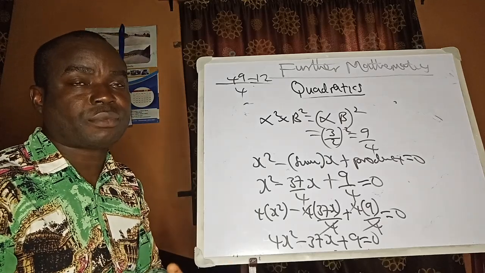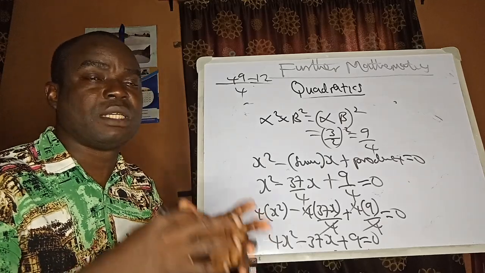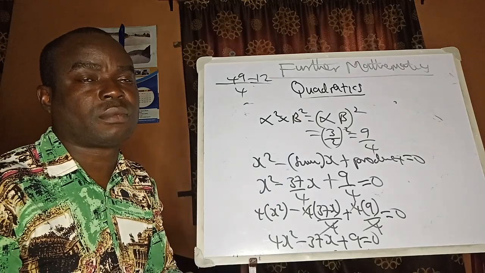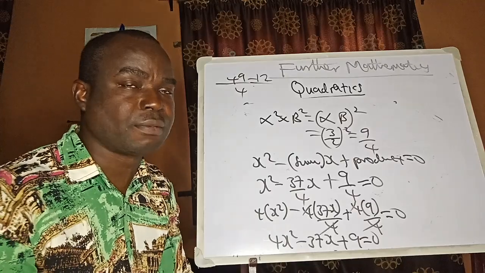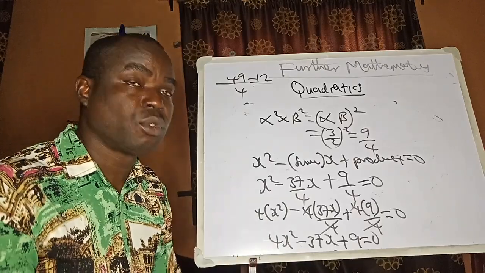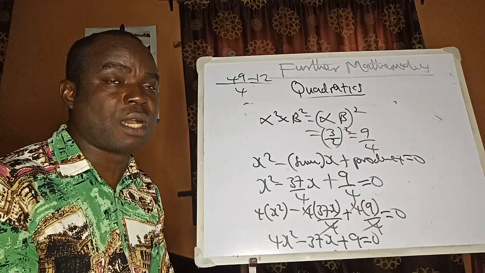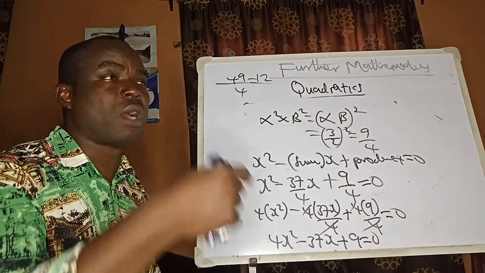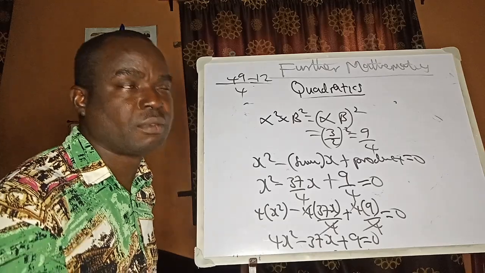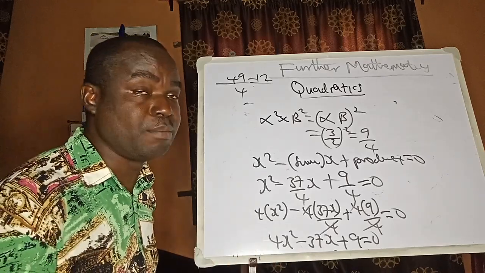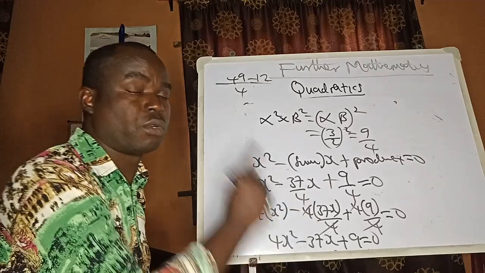Before ever you solve anything in quadratics, first find your alpha plus beta and find your alpha beta. So find your alpha plus beta, which is minus b over a, and find your alpha beta, which is c over a, before you do anything in quadratics.